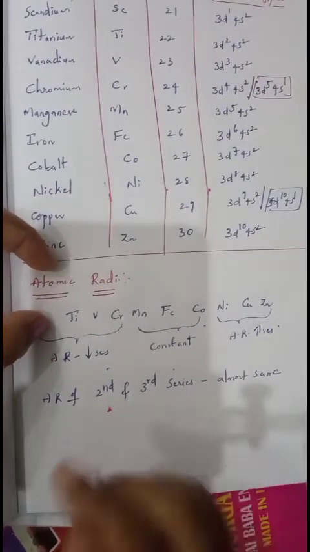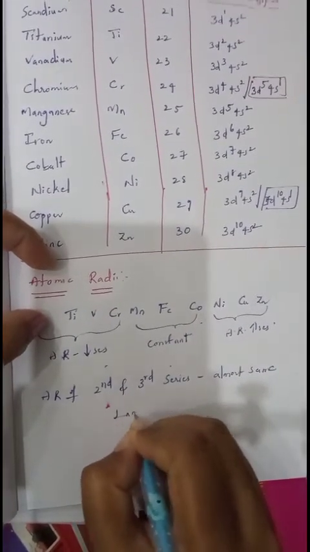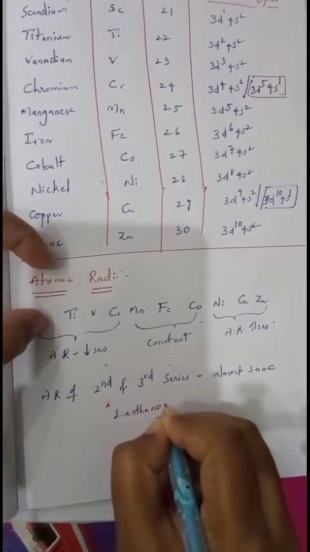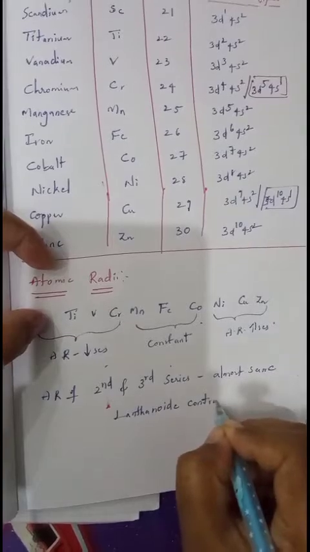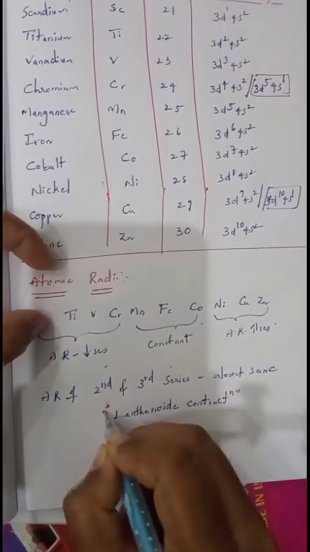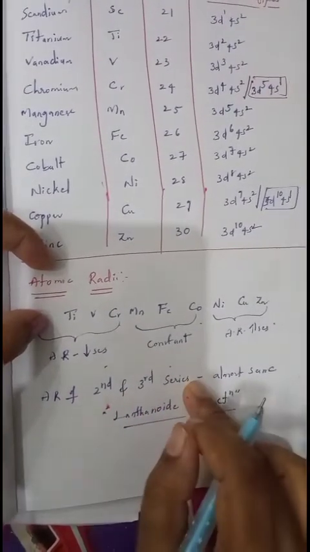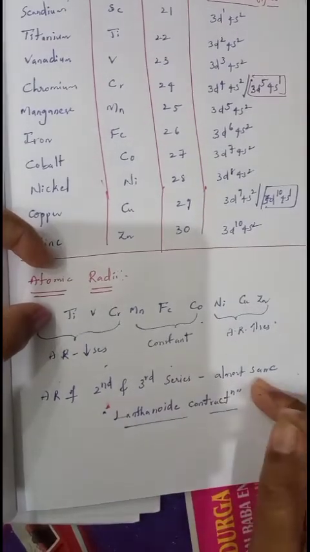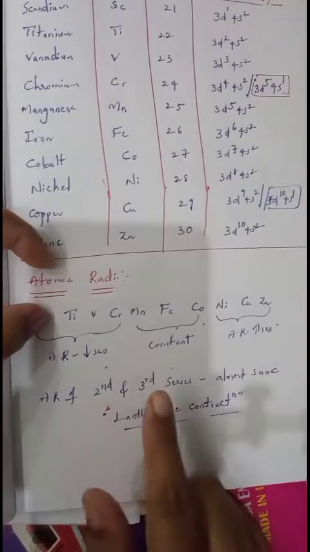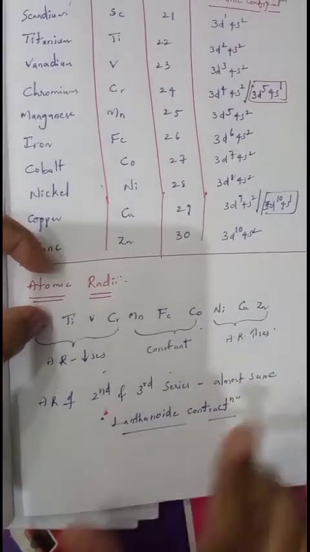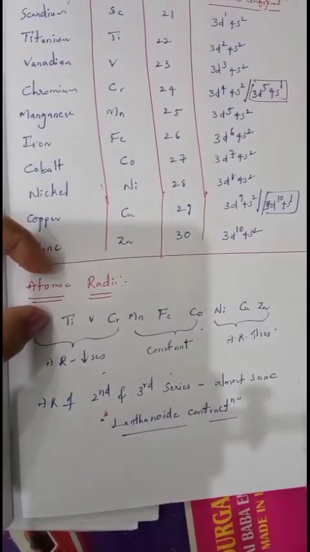This is due to lanthanide contraction. Because of lanthanide contraction, the second and third series elements of the d block have almost the same size.